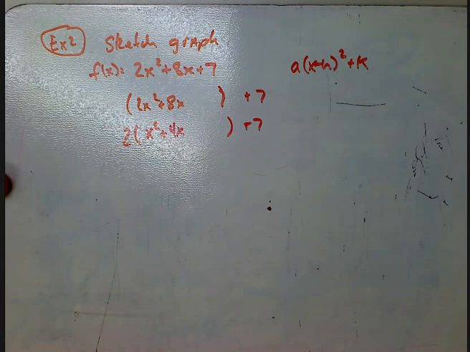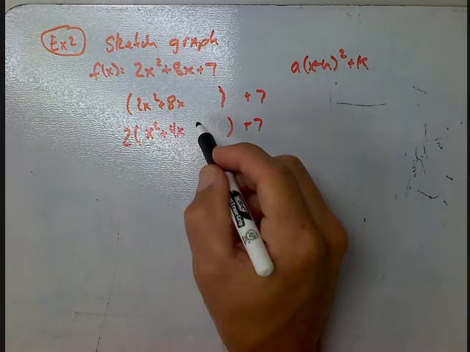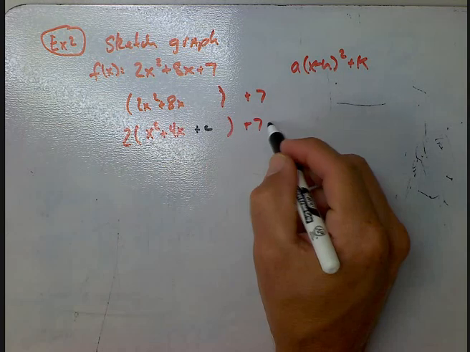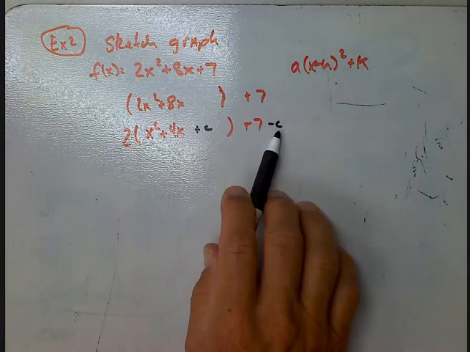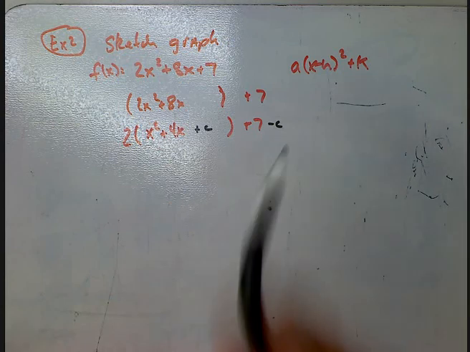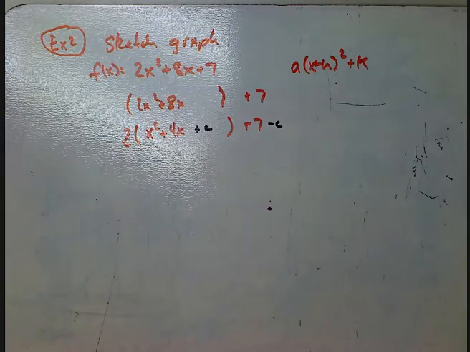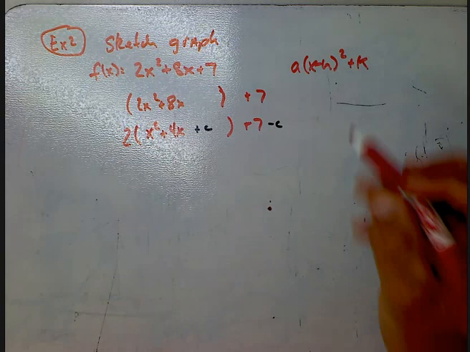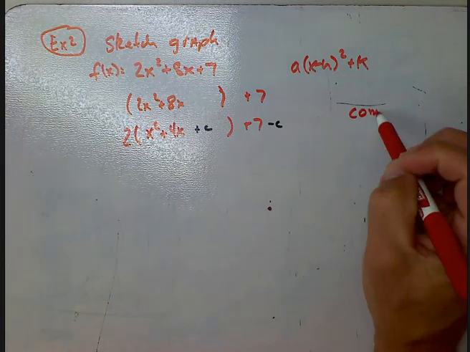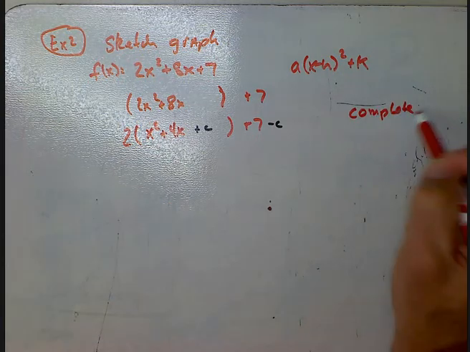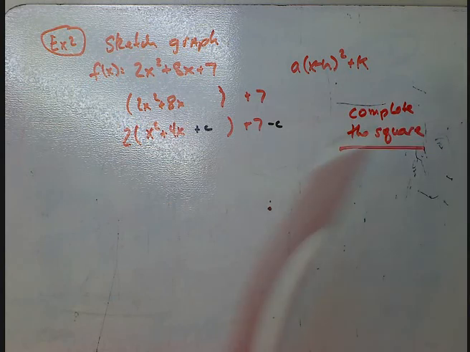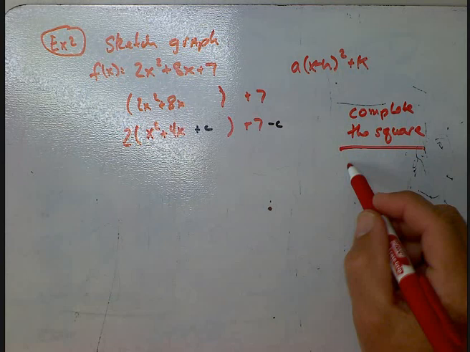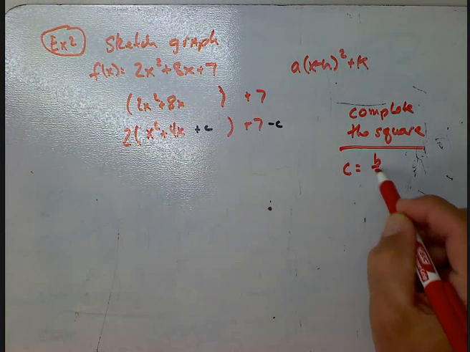And my job is, I need some number c. So I'm going to add c inside parentheses, and subtract outside so I can keep the equation balanced. There's a formula for c. This method is called complete the square, which you learned in algebra 2, and it goes c equals b divided by 2 quantity squared.